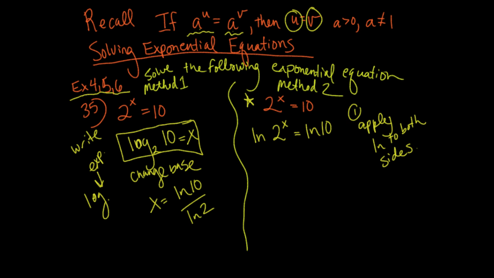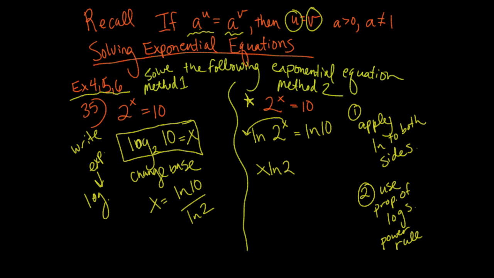That's our first step. The second step is to use properties of logs to solve, and the property I want to use is the power rule. This x can go out front, so I can rewrite this as x natural log of 2 equals natural log of 10.